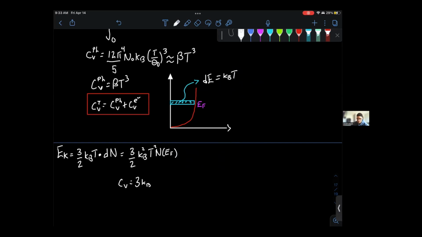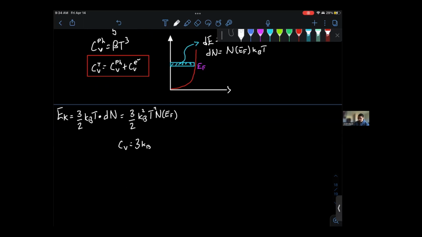And we're multiplying that thermal energy by our density of states. So Dn is equal to our density of states, where N and Z are interchangeable, at the Fermi level times the thermal energy at the Fermi level, which is going to give us the number of electrons that we want.